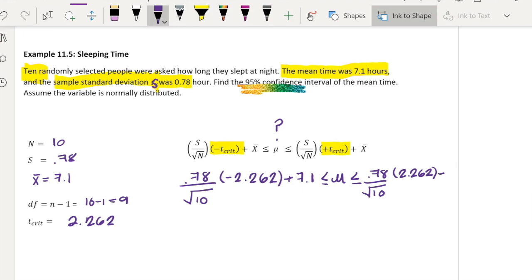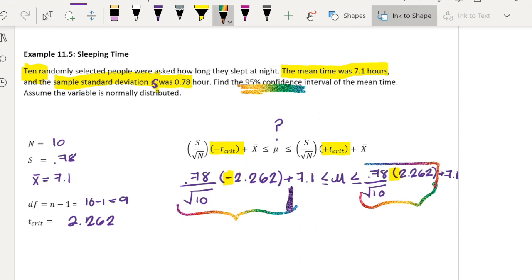Make that prettier. Okay, notice that this is negative, and this one is an implied positive. So this part of the equation, up to here, and this part of the equation, is what we call the margin of error.